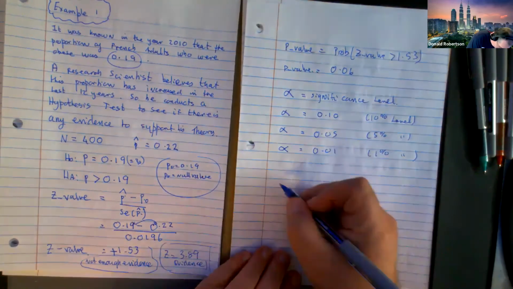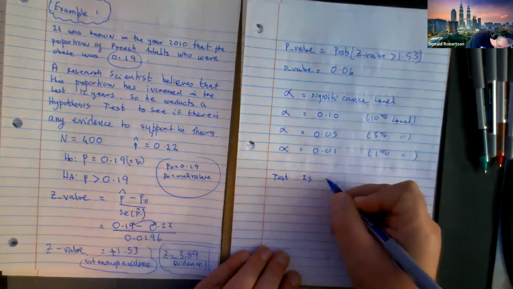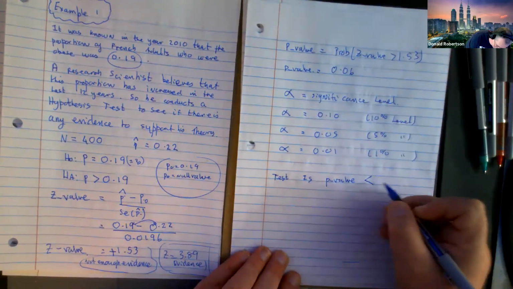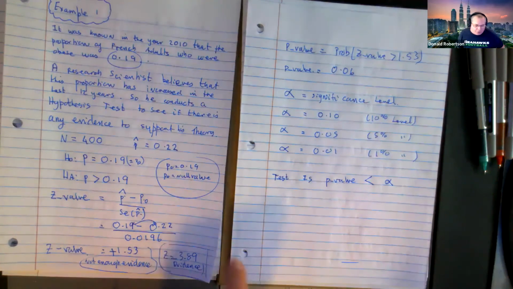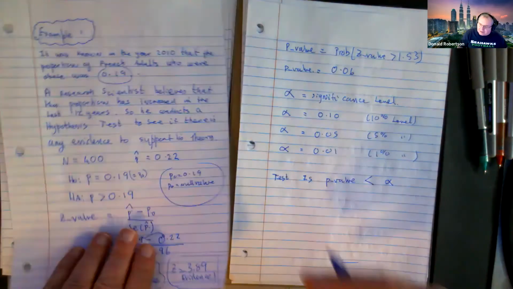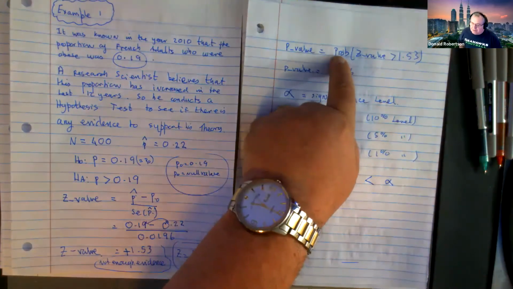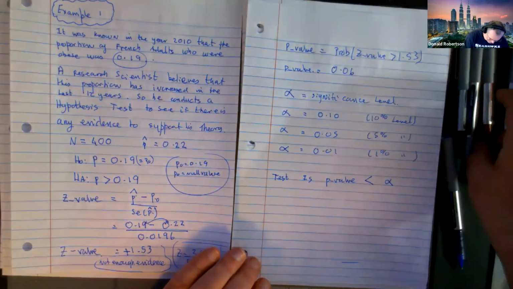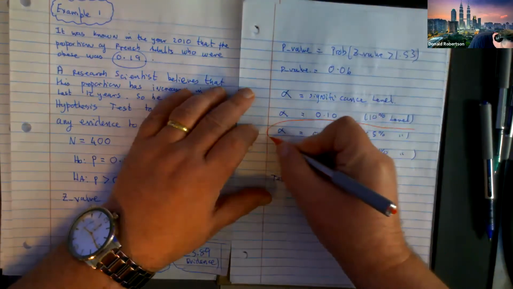So what you do to finish this is you do a test. And the test is: the p-value that you calculated, is it less than the significance level alpha? And it doesn't matter if you're doing prove that it's bigger than, prove that it's less than, prove that it's not equal to. It doesn't matter. It's still the p-value has to be less than the significance level. So let's pretend that we chose this significance level.